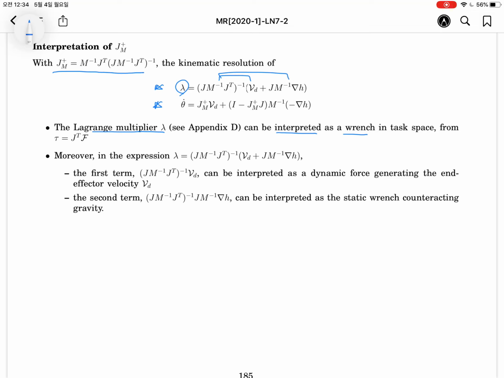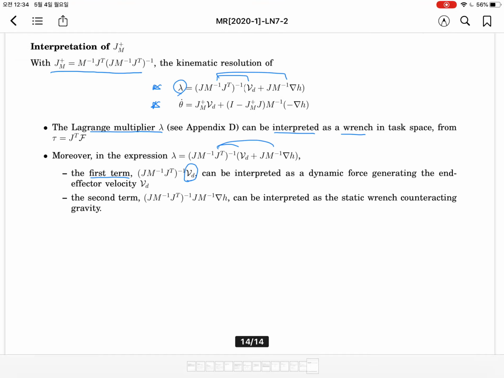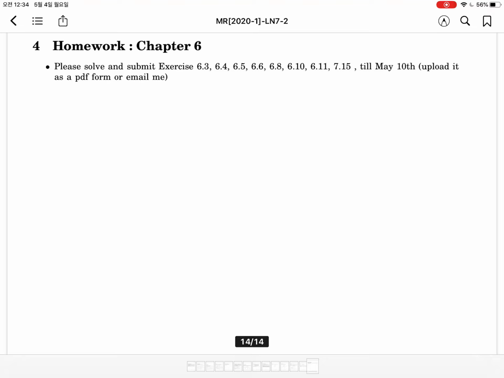Actually the Lagrange multiplier has two terms, the first one and the second one. The first term can be interpreted as a dynamic force generating the end effector velocity. So in order to produce the end effector velocity Vd, the first term will be used. The second term can be interpreted as a static force counteracting gravity or the obstacle-avoiding potential field.